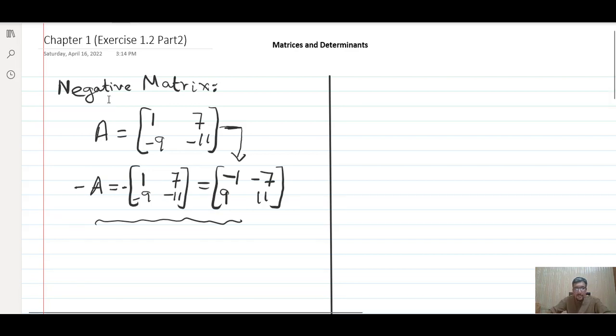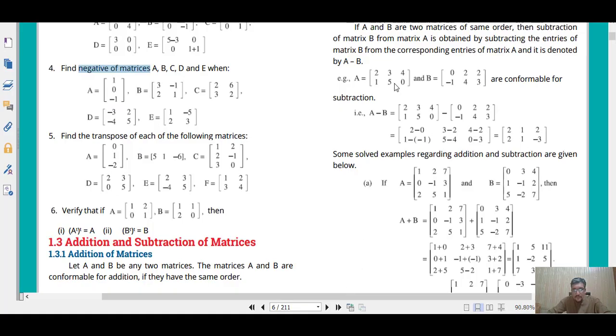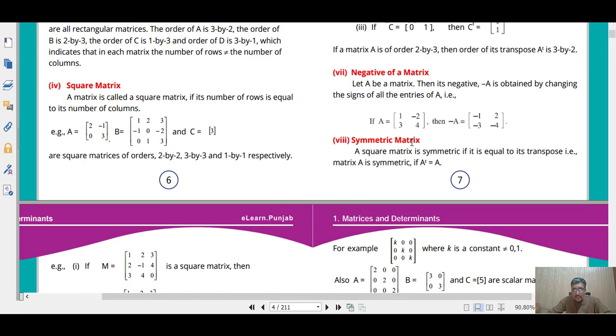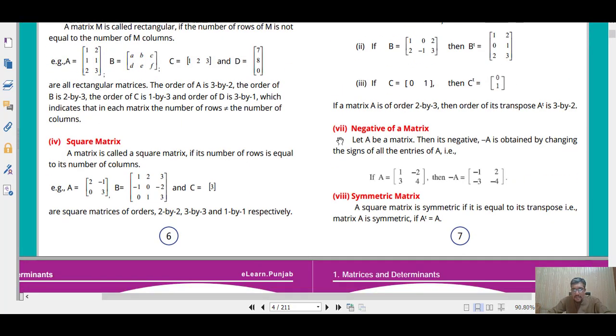Now let's see what the book says. On page number 7 of the book, negative of a matrix. Let A be a matrix with entries 1, minus 2, 3 and 4. Its negative, minus A, is obtained by changing the signs of all the entries.